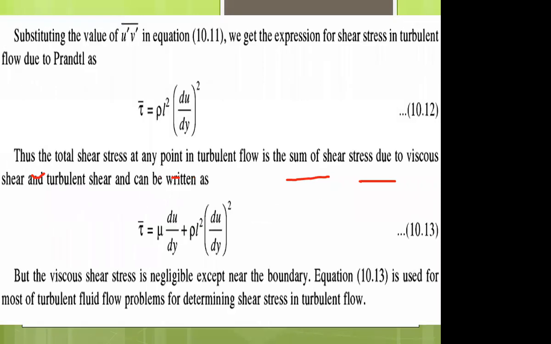Directly write down this equation. Tau bar is equal to mu into du by dy plus rho L square (du by dy) whole square.